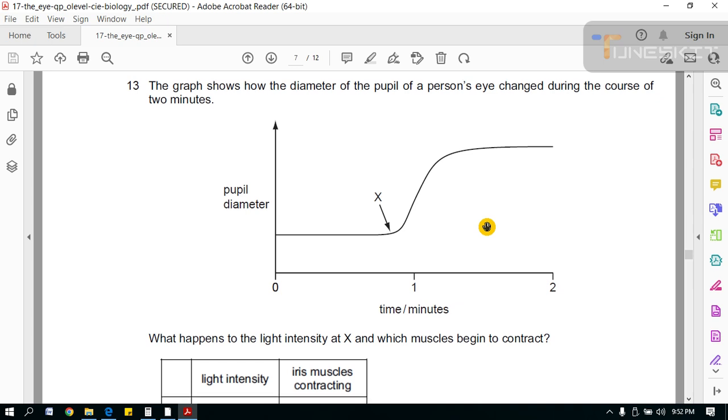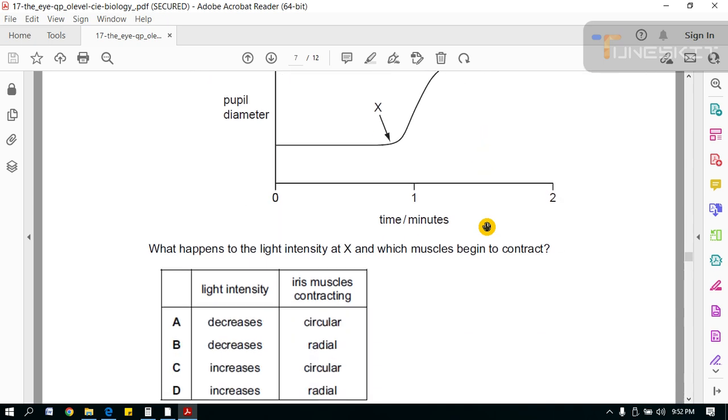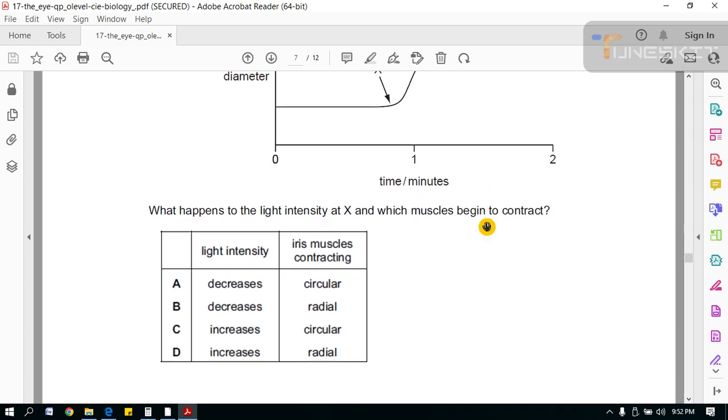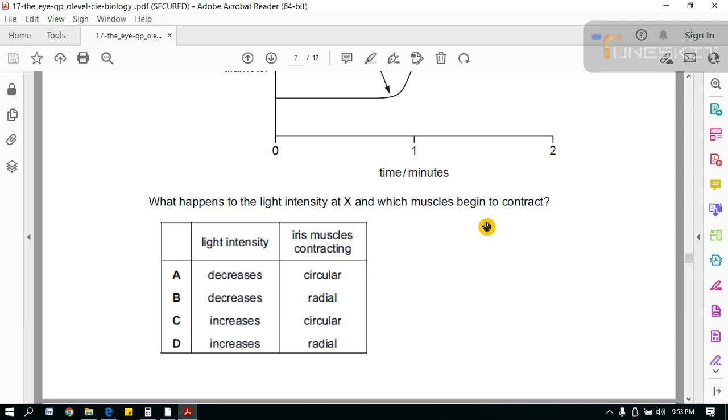Then the next point is how pupil size increased, and which muscles are involved in this case. He has also put a condition that iris muscles are contracting. So the radial muscles present in the iris will contract when the pupil size increases, right? So option B is correct.